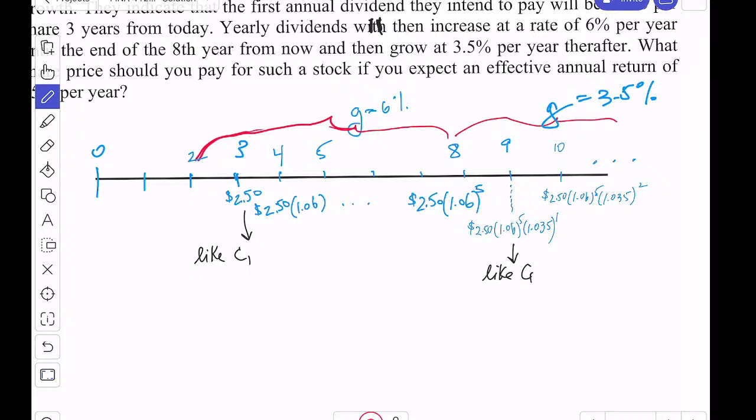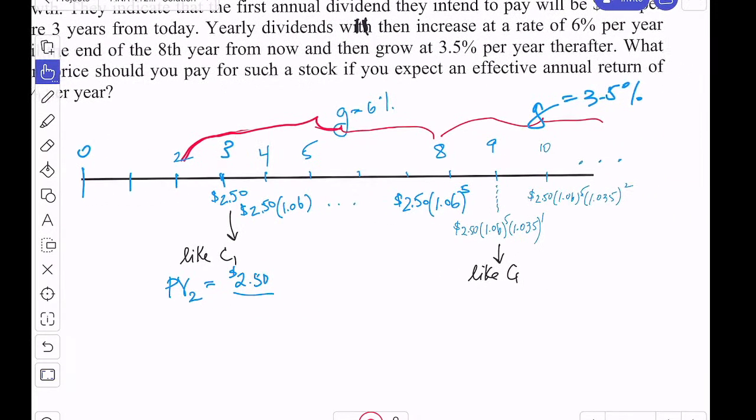And I sent you the answer so you can look at it there as well. We will have a PV2 for this portion, which is a growing annuity with the first cash flow of $2.50. The rate throughout is 15%, so I put 0.15 as I, but I have to use I minus G, right?